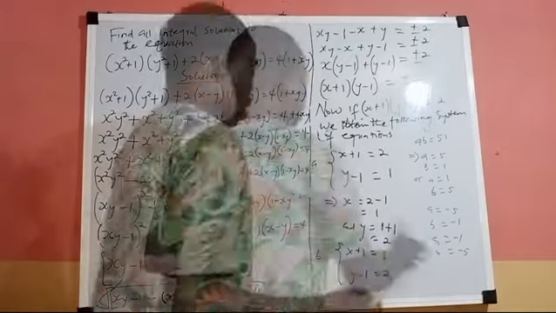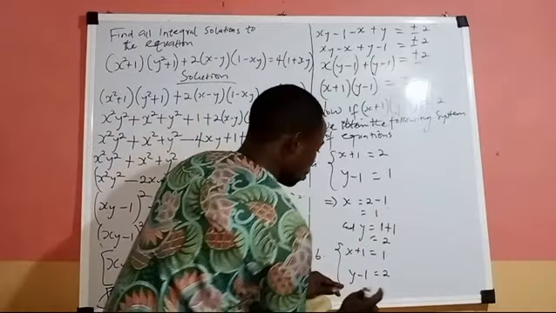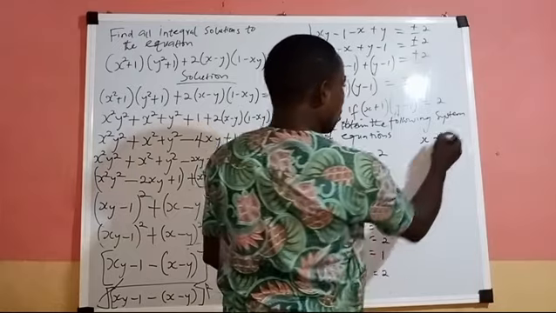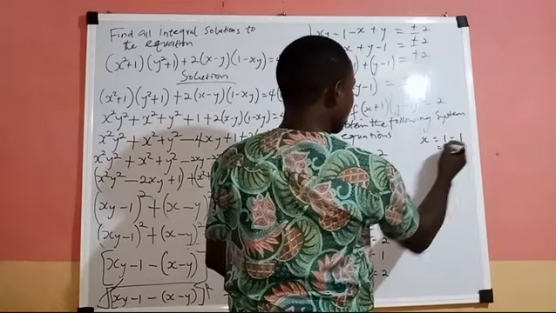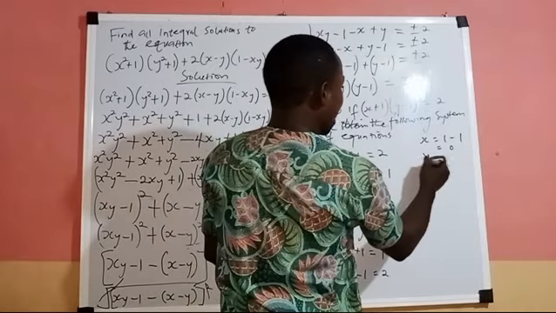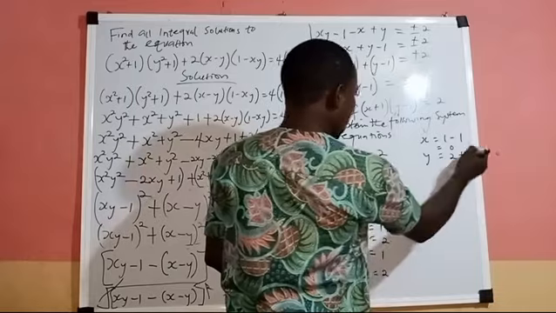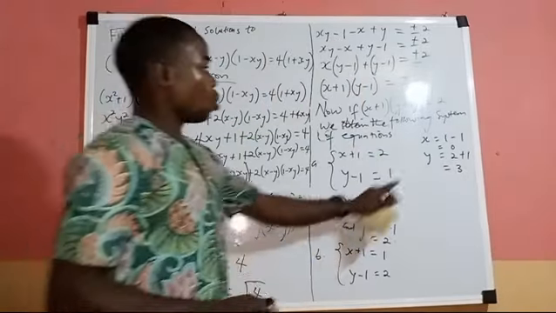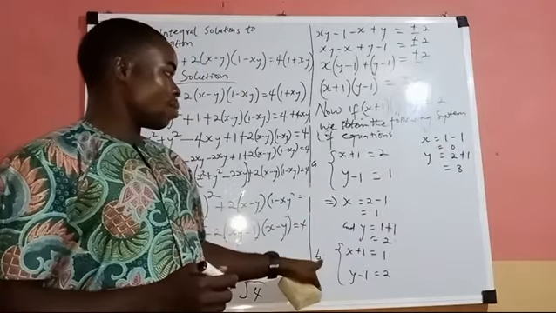So I'm going to clean now. From here, if this holds, then we can have from this case B that our x is equal to 1 minus 1, and that's going to give us 0. And then our y will also give us 2 plus 1, and that's actually going to give us 3. So these will be the possible values of x and y if case B holds.